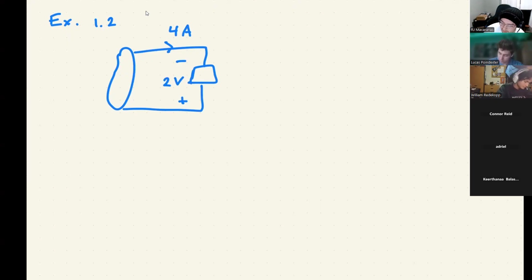When I look at this, I instantly see that the current is going through the negative potential, the lower potential of that element. So this element is supplying power.